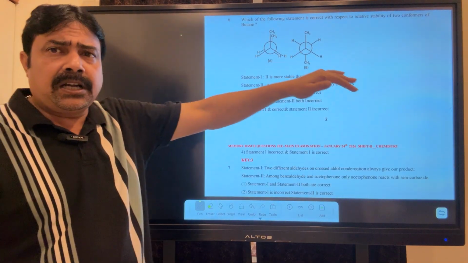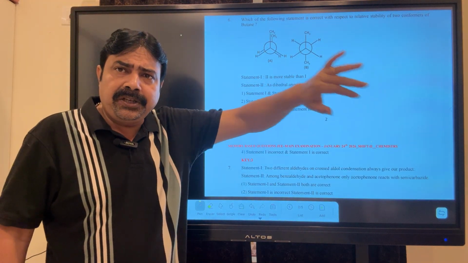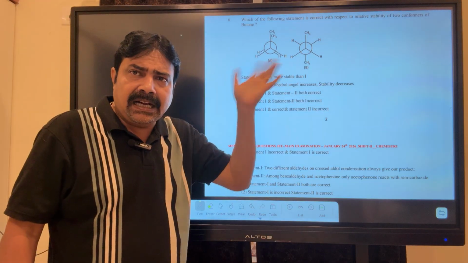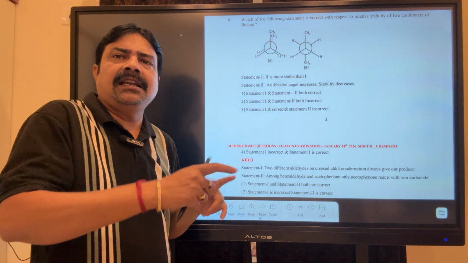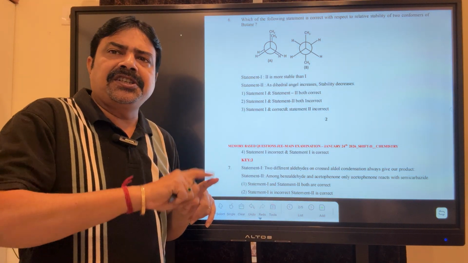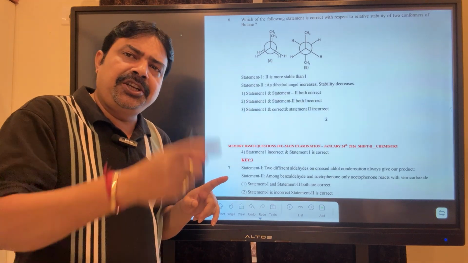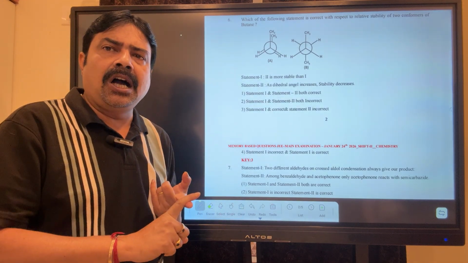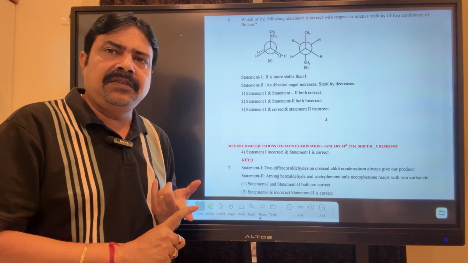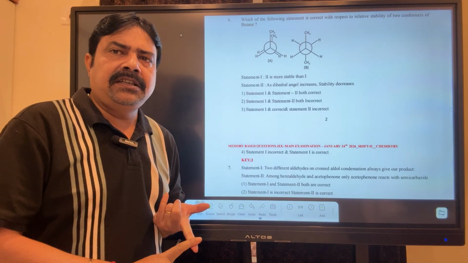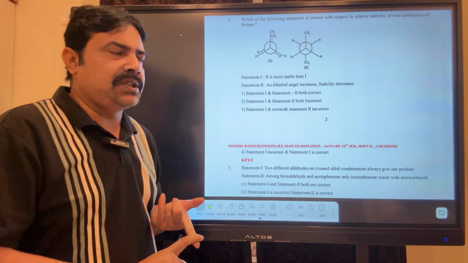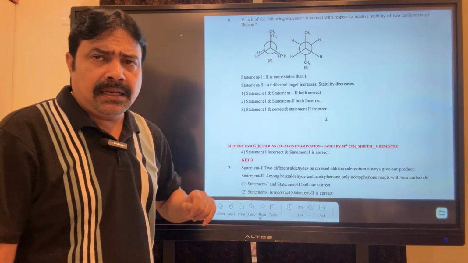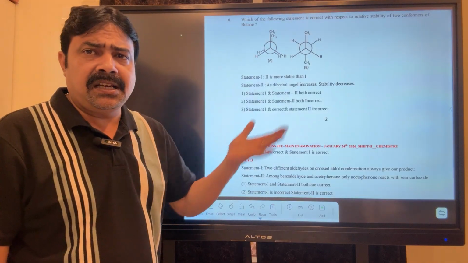Because full eclipsed will be converted to gauche, gauche will be converted to staggered or anti-staggered. That means dihedral angle increases 0 to 60, 60 to 120, 120 to 180. 0 means full eclipsed, 60 means gauche, 120 means partial eclipsed, and 180 means anti-staggered conformation. So as dihedral angle increases, stability generally increases.